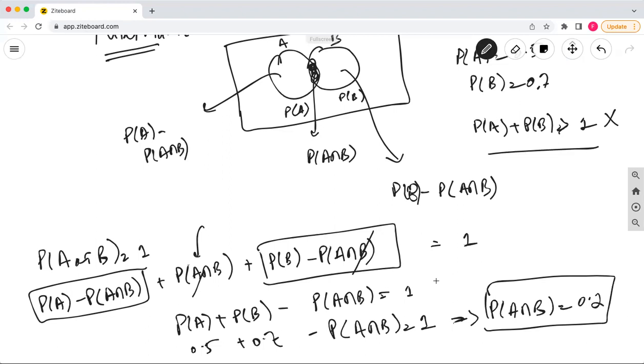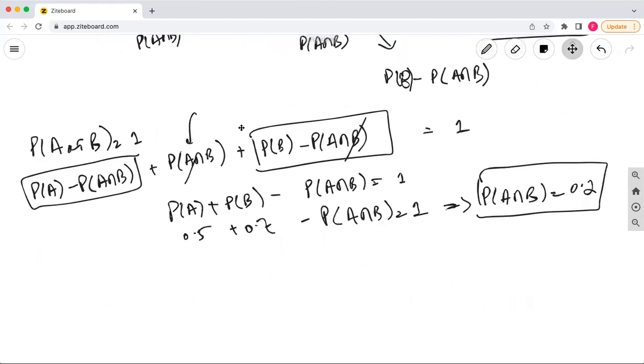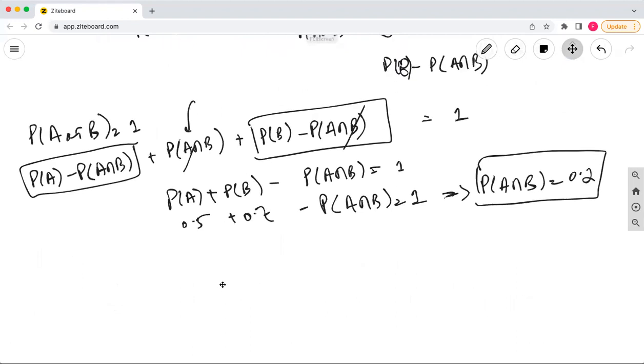And the maximum probability that is possible is only 0.5. So if I write this in form of range, that will be probability of A and B is greater than or equal to 0.2 and less than or equal to 0.5.